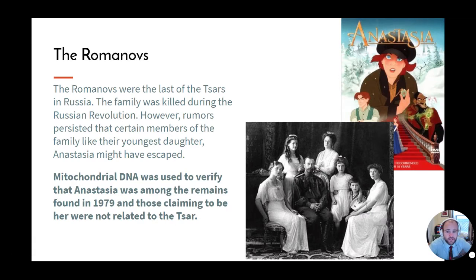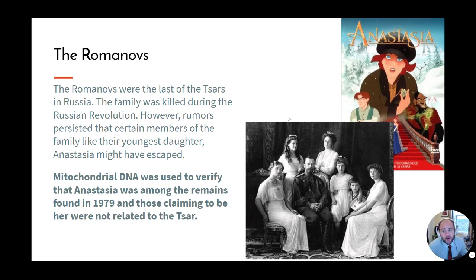In the Russian Tsars, the Romanov family, the last of the Tsars, were killed during the Russian Revolution. There were a lot of rumors that some family members, like the youngest daughter, Anastasia, actually escaped. There was a whole movie made about it.